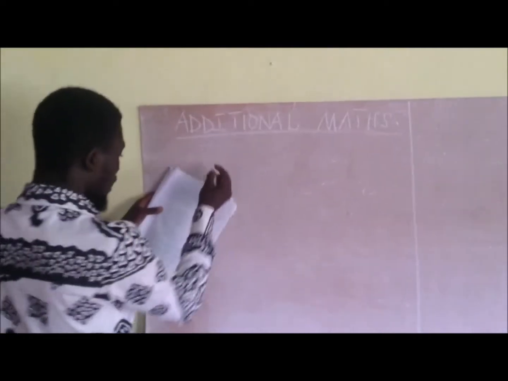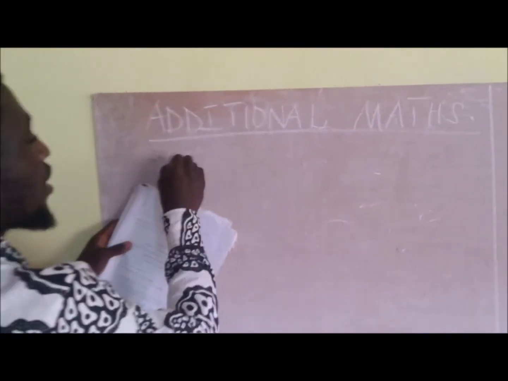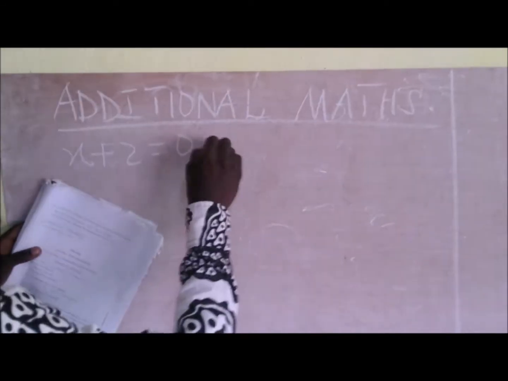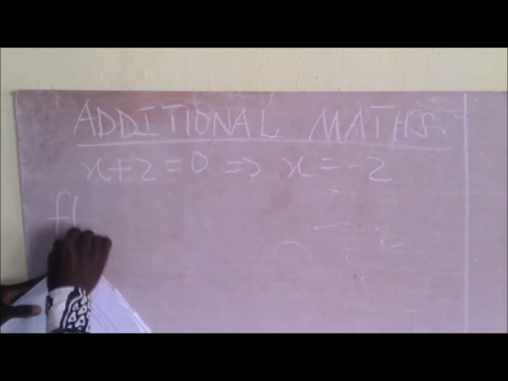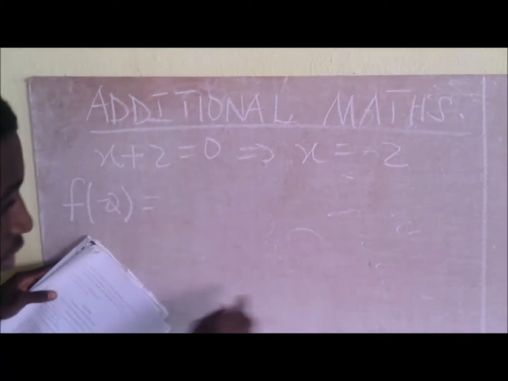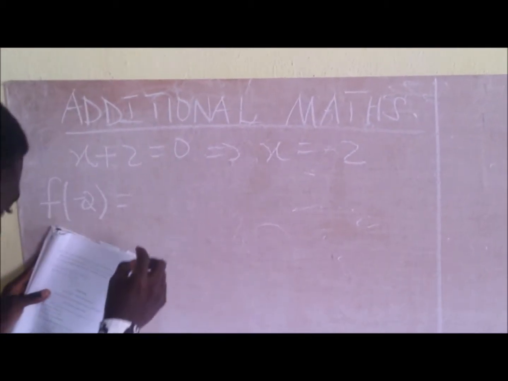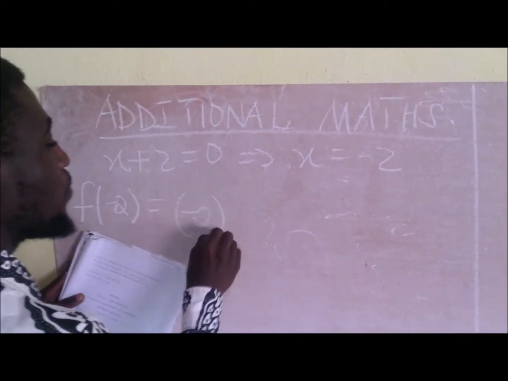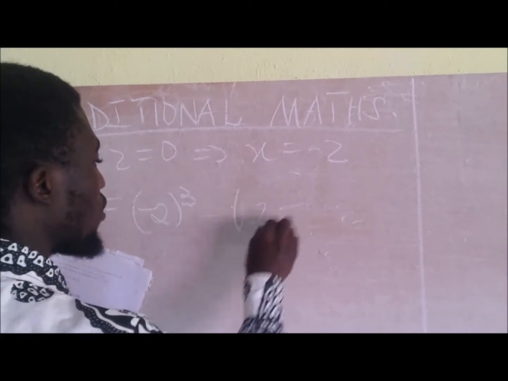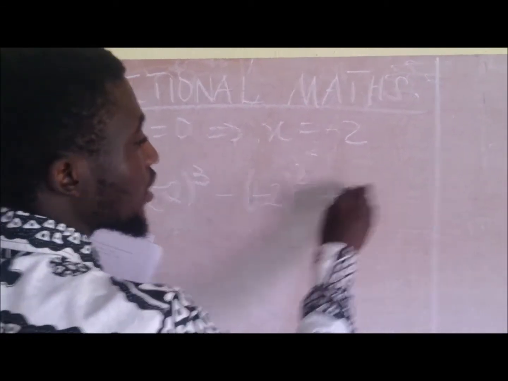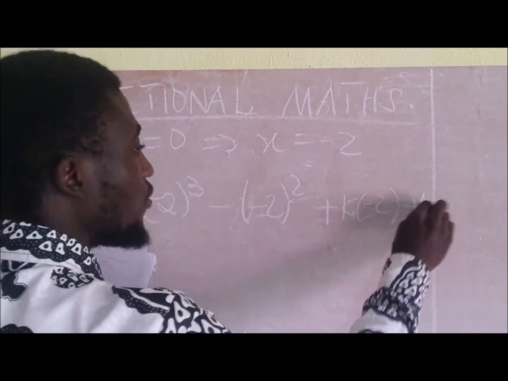To find the value of k, you just need to equate the factor to 0. That will give you x equals negative 2, and you replace negative 2 in the function. That's negative 2 cubed minus 2 squared plus k into negative 2 plus 4.